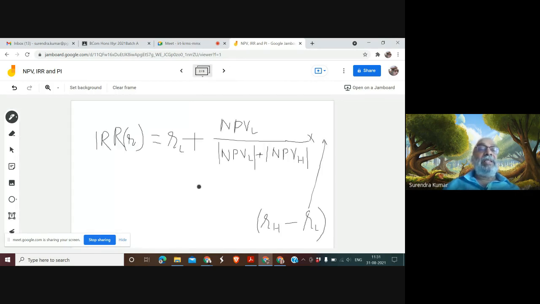So once we have done this calculation, we use this formula to find our internal rate of return, where we already have two different discount rates. Of these two discount rates, the one which is lower we call the lower rate, and the one which is higher we call the higher rate, like we are using this terminology on this particular sheet.